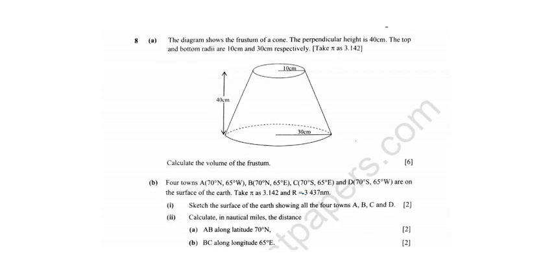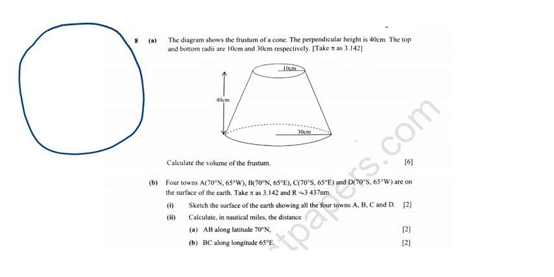So when it's sketching, let's sketch our surface of the Earth. I'll sketch it this side. So that will be my surface of the Earth. So how many latitudes do I have? Latitudes run parallel to the equator. So those are my latitudes. I have two because 70 north and 70 north are the same.